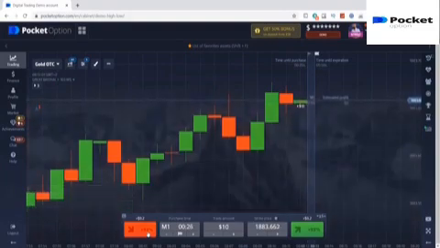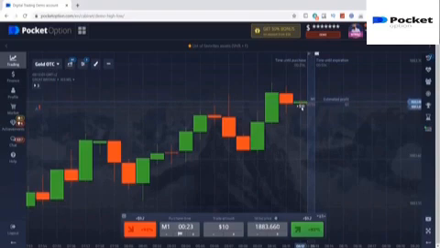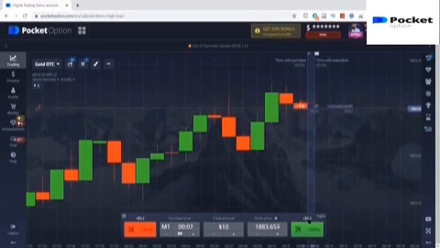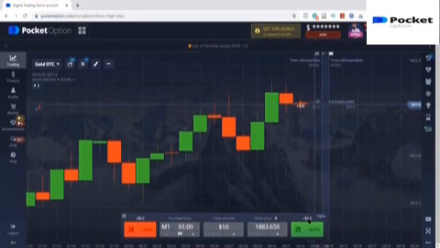Now I'm in this trade for $10, but it says the payout is going to be 92%. So I will make back the money that I just put down plus the payout. So instead of just making back my $10, I'm going to make back $19 in profit on that specific trade. And that's basically how you navigate through Pocket Option.